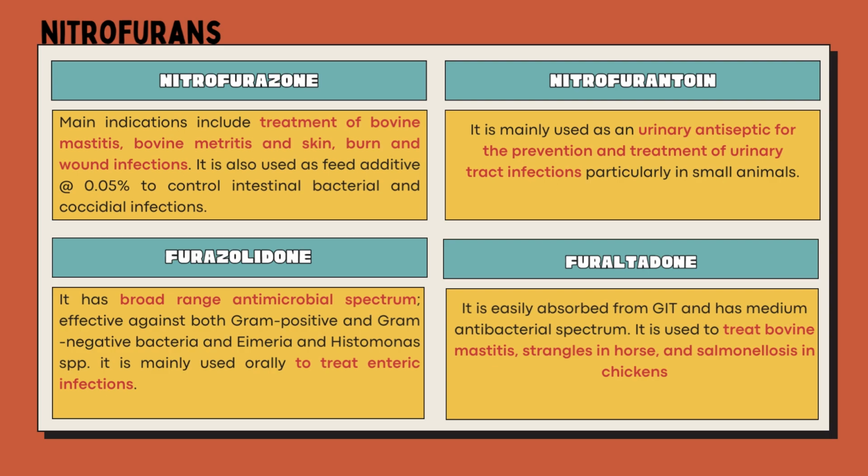Lastly, furaltadone is easily absorbed from the GIT and has a medium antibacterial spectrum. It is used to treat bovine mastitis at 500 milligrams per quarter intramammarily, strangles in horses at 13 milligrams per kilogram IV for 5 days, and salmonellosis in chickens at 0.04% in drinking water.